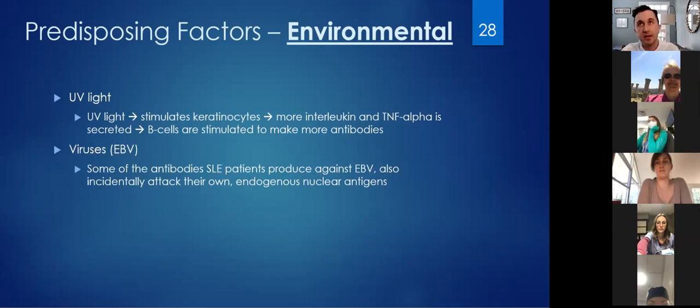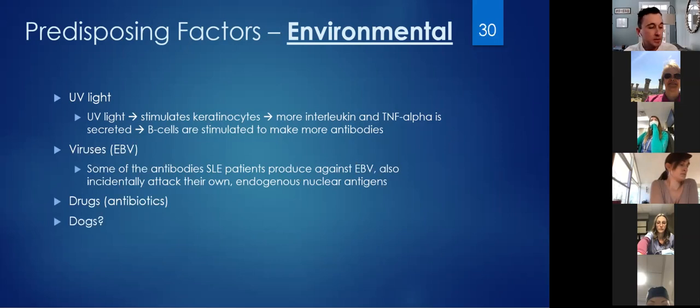But the point is there's some cross-reactivity in nuclear material in lupus patients and the EBV virus. Drugs, particularly antibiotics, can make you much more likely to develop lupus. And there's actually some literature that suggests that owning a dog makes you more likely to develop the disease.